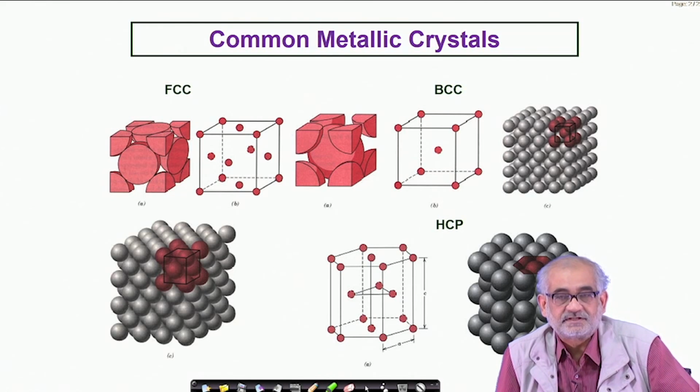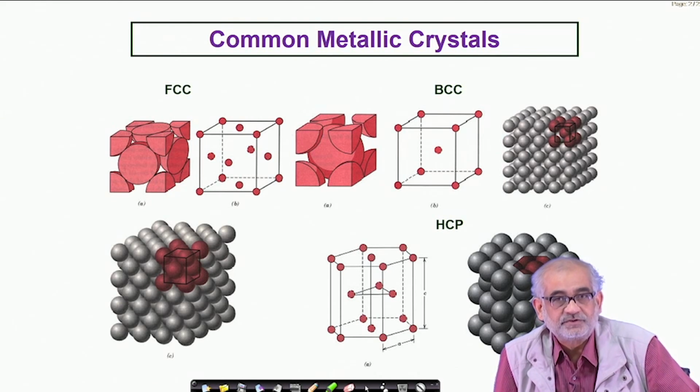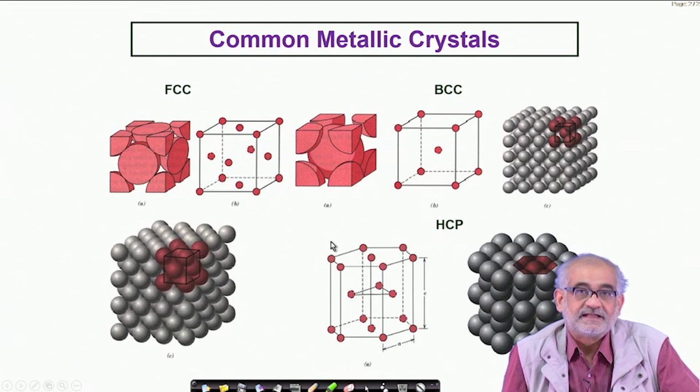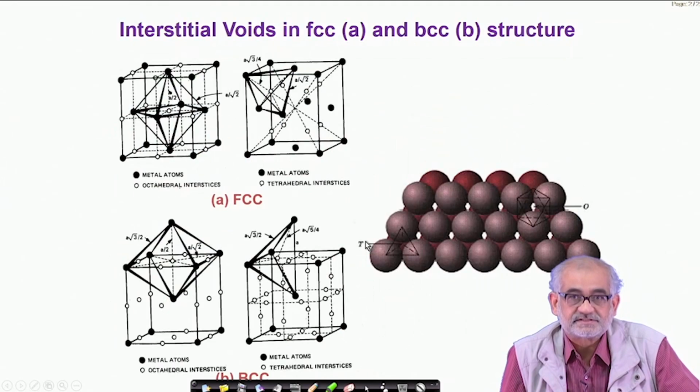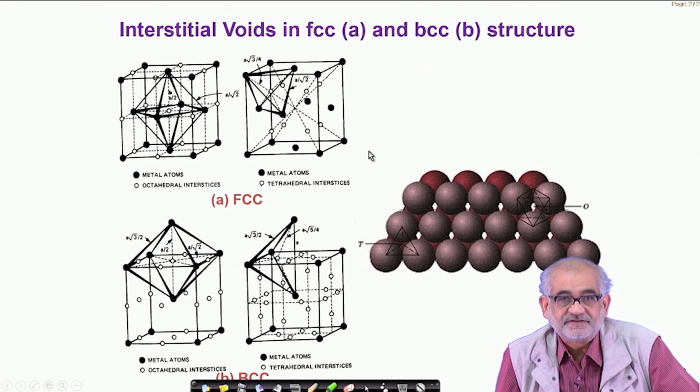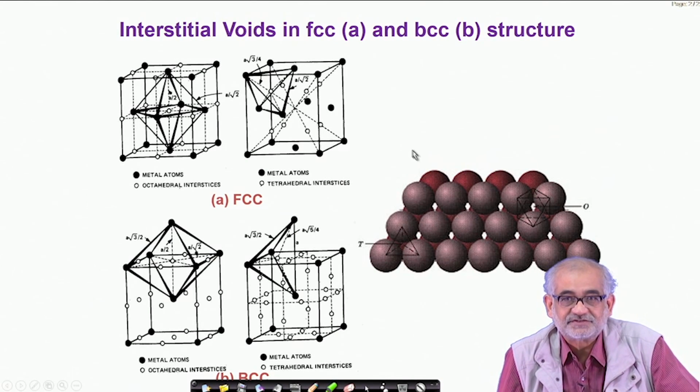Suffice to say that we should be able to distinguish between the point or space lattice, the crystal system, the crystal lattices, and then finally the crystal structures. While talking about crystal structures, we are talking about specific locations of atoms, and for simplicity we assume that atoms are hard spheres.